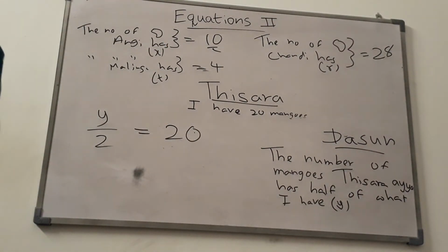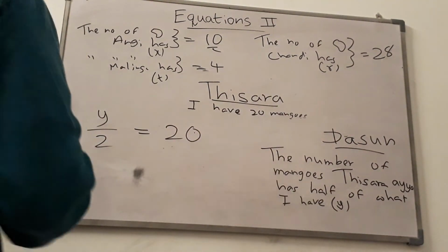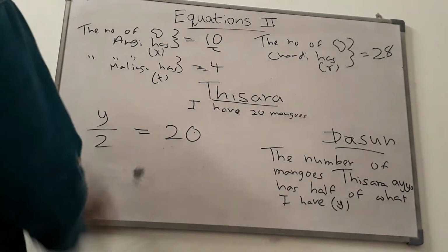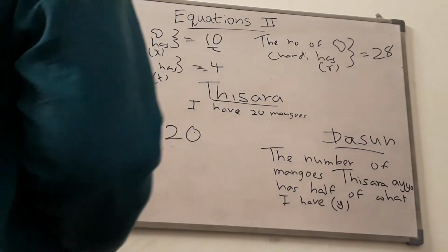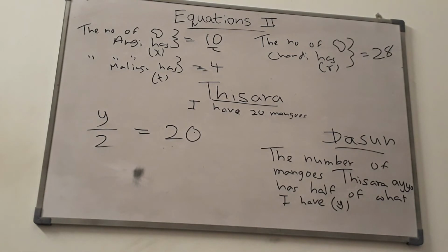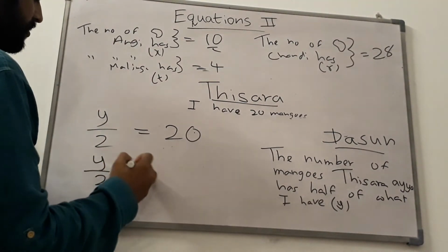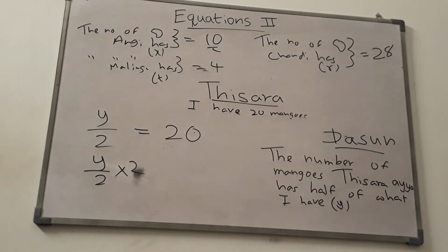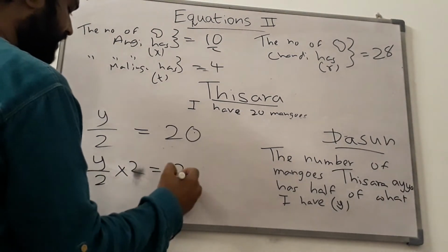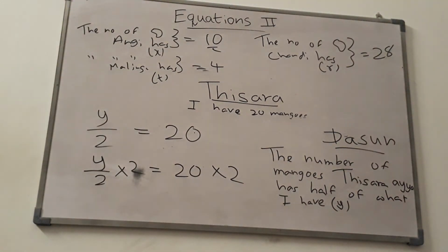Now we will check who has the bigger number. We have to remove the 2 beneath. To remove division, we have to do multiplication. To remove multiplication, we have to do division. So when we multiply the left hand side by 2, we have to do the same thing to the right hand side.